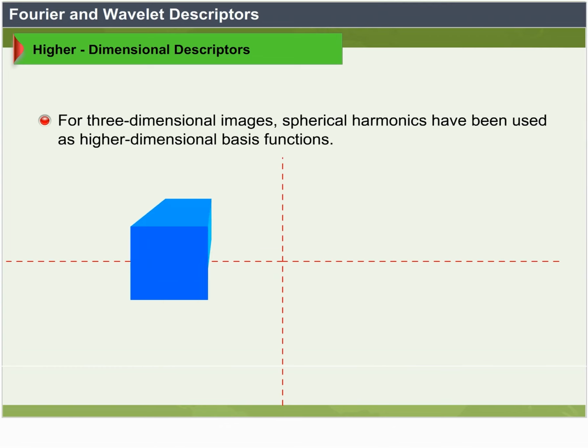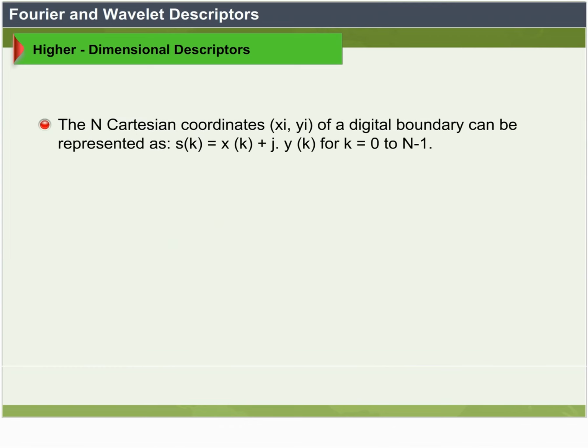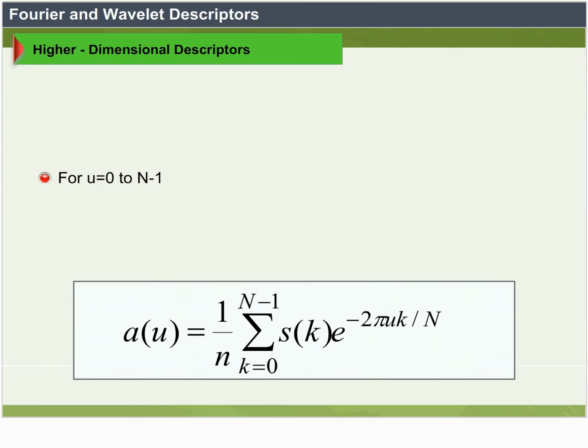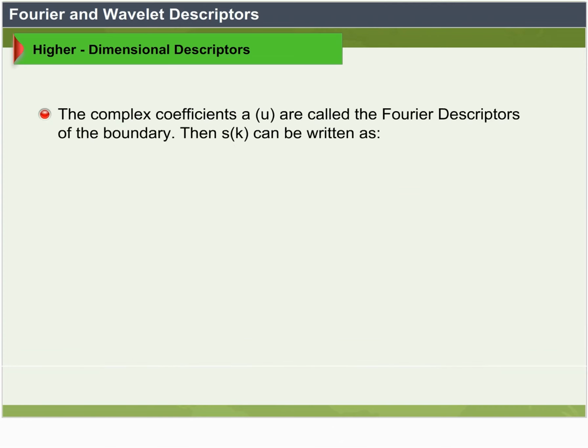The n Cartesian coordinates xi, yi of a digital boundary can be represented as S of k equals x of k plus j times y of k for k equals 0 to n-1. The DFT of S of k is given by the equation shown on screen. For u equals 0 to n-1, the complex coefficients a of u are called the Fourier descriptors of the boundary.